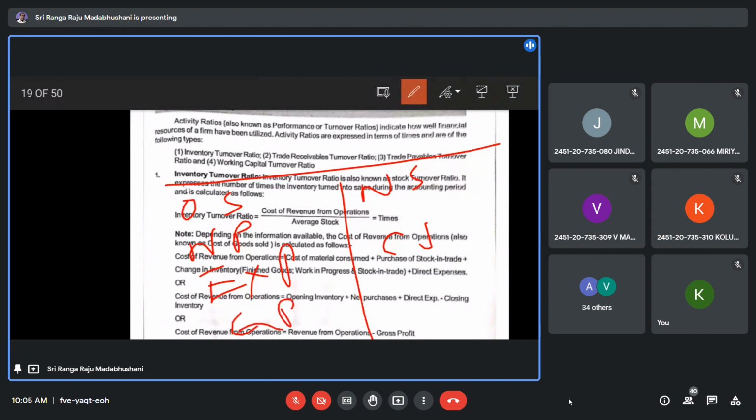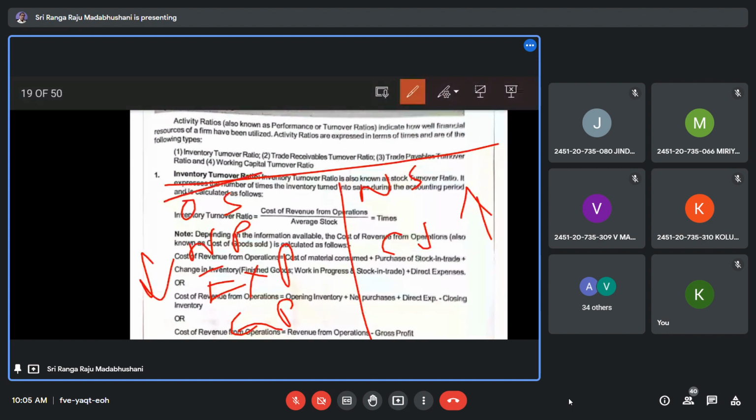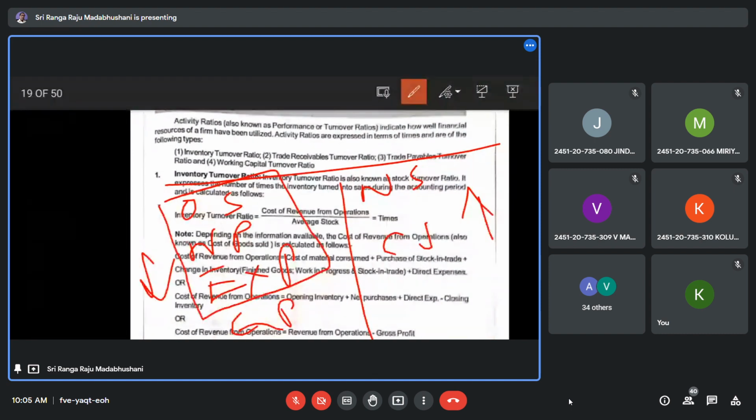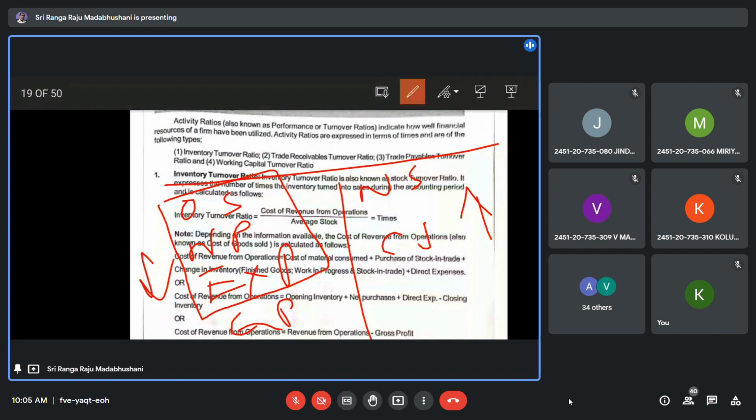If the sales side is more, we assume the credit side is more and the debit side is less. So what is cost of revenue from operations? The first, indirect method is net sales minus gross profit. What is the other method? Depending upon the situation given in the question, we have to find out.